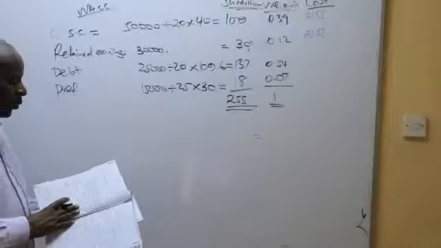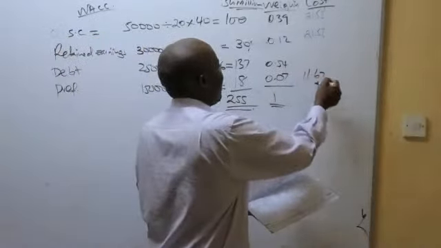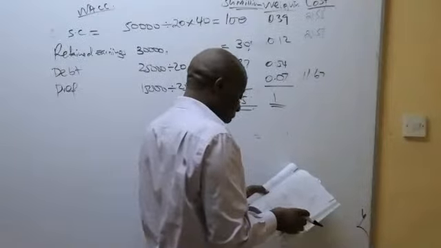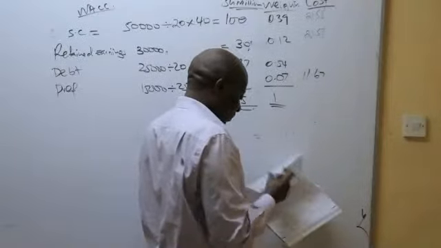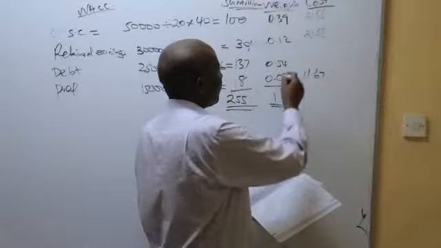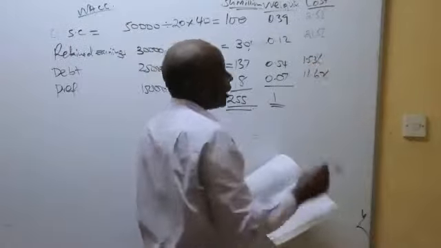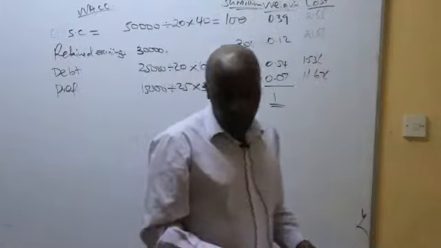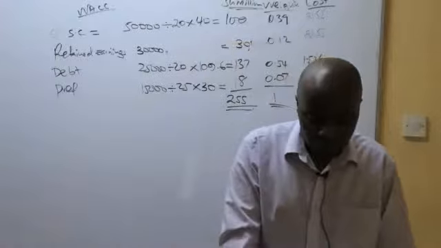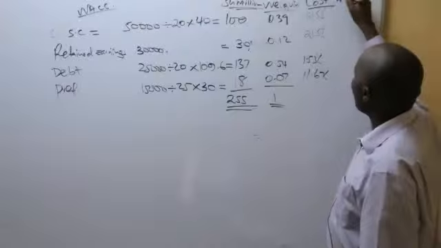The preference I know is 11.67. So that must be the one that you guys got. 1.53. So please come and give me the weighted cost at the end of the day.